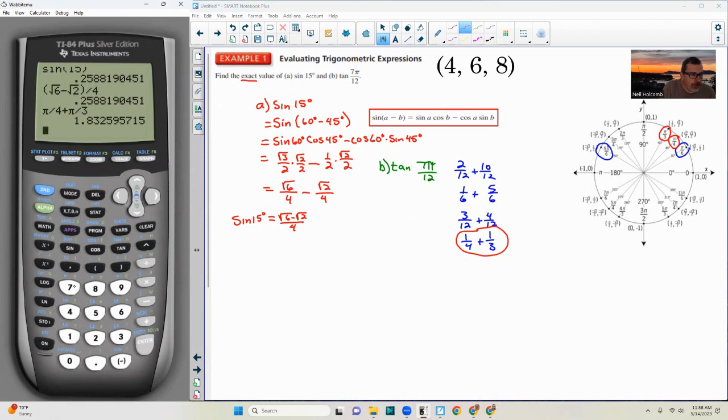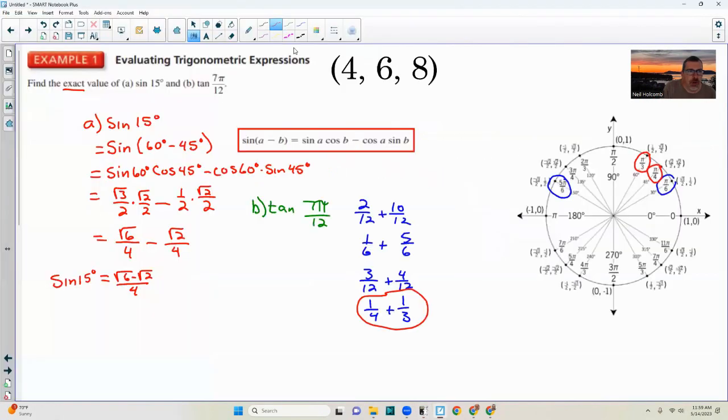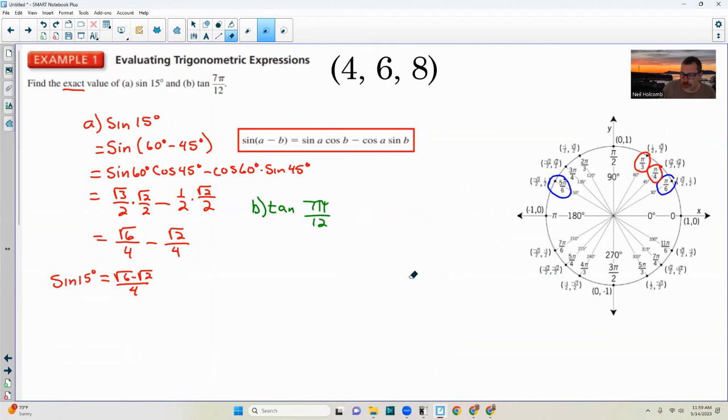And if I do 7 pi divided by 12, I also get 1.83259. So I'm just checking and showing that pi over 4 plus pi over 3 is equal to 7 pi over 12. Okay, so I'm not going to use the others, but I will use 1/4 and 1/3.